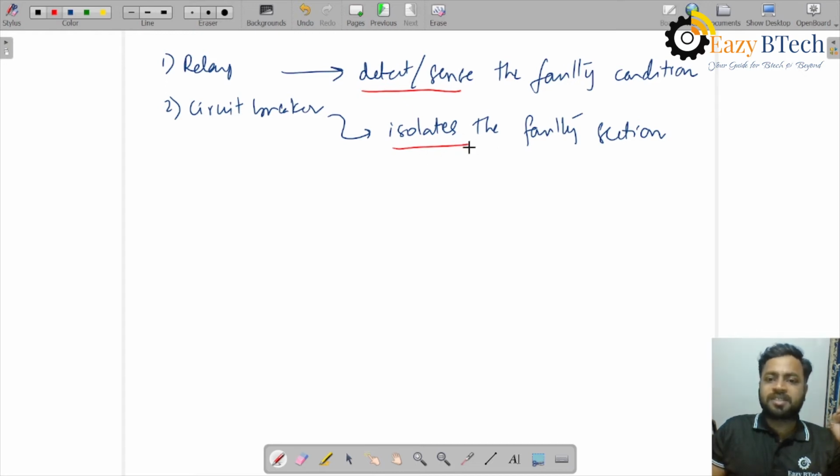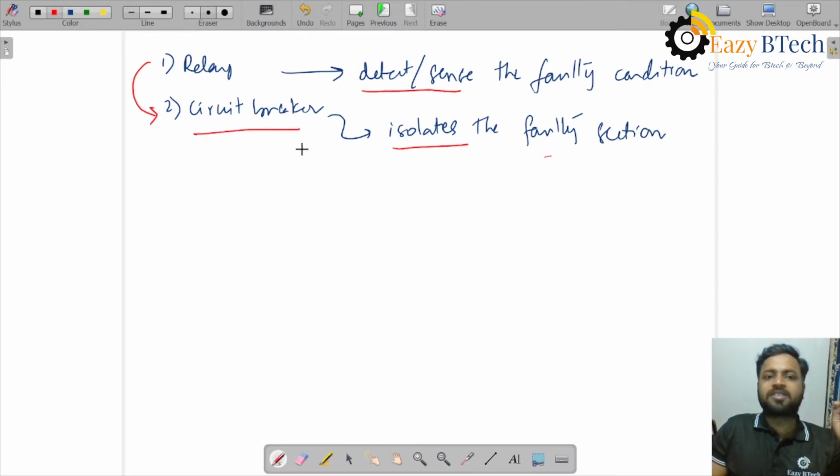So how does the circuit breaker get the information that there is a fault? The circuit breaker isolates the faulty section from the healthy section upon intimation or upon trigger by a relay. So the relay has to inform the circuit breaker that a fault has occurred and that it has to do its duty, that is, to isolate the faulty part from the healthy section.